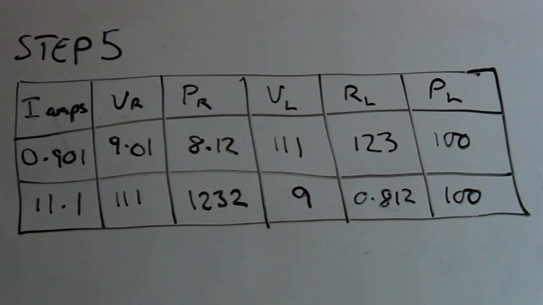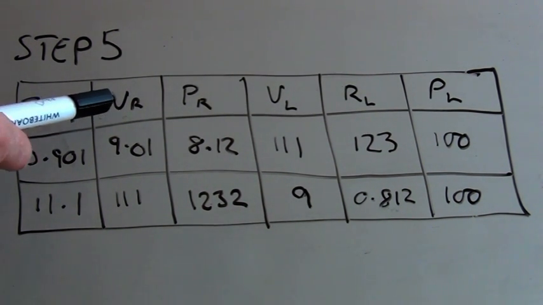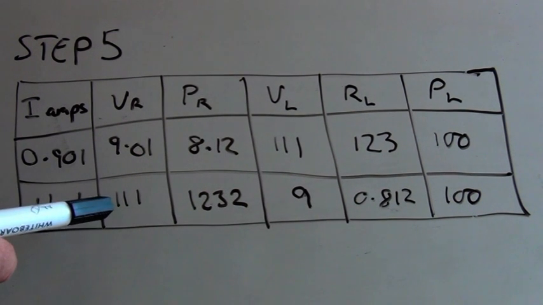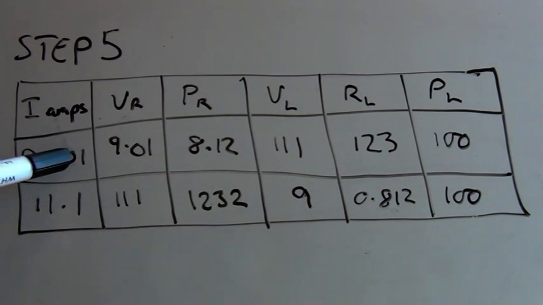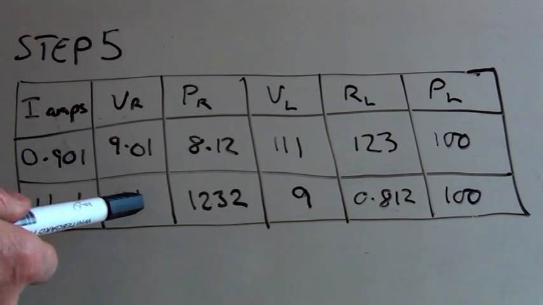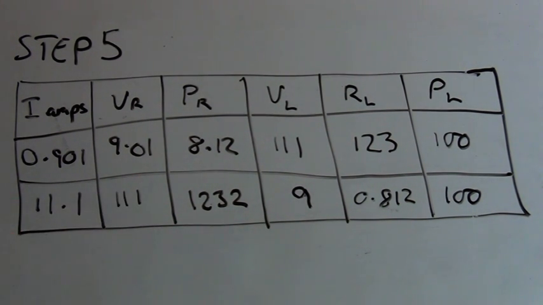Okay, so here I've tabulated the results. You can see we have our currents on the left hand side, so we have 0.901 and 11.1, which we previously calculated. The voltage across the resistor is 9.01 for the 0.901 current and 111 volts for the 11.1 current.